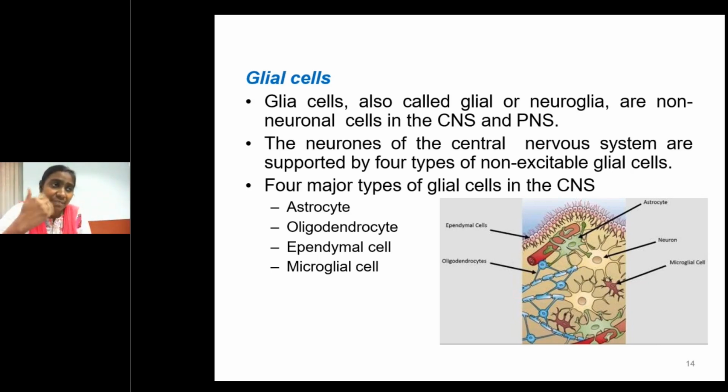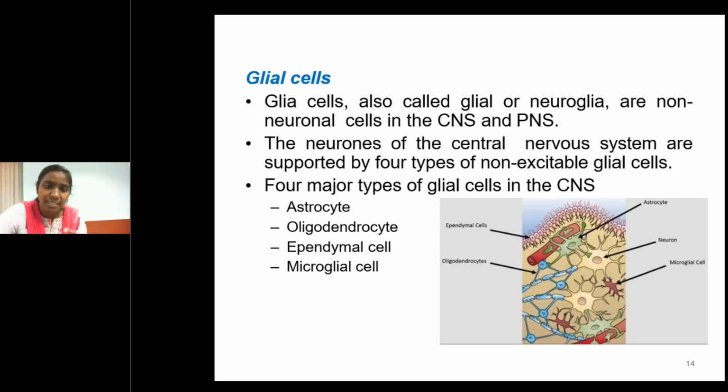If the blood bilirubin level exceeds beyond some maximum level, then only it will cross the blood-brain barrier, enter into the brain and cause hepatic encephalopathy. Understood? Yes. So to prevent such toxic substances from easily entering into the brain, this blood-brain barrier is situated.